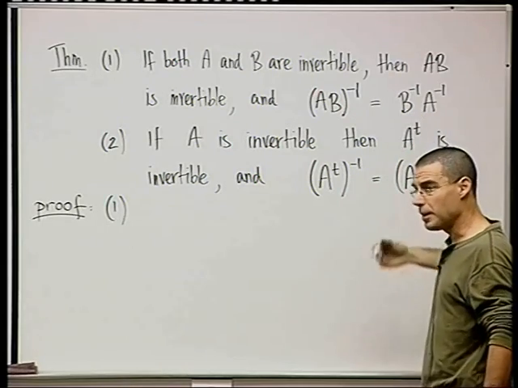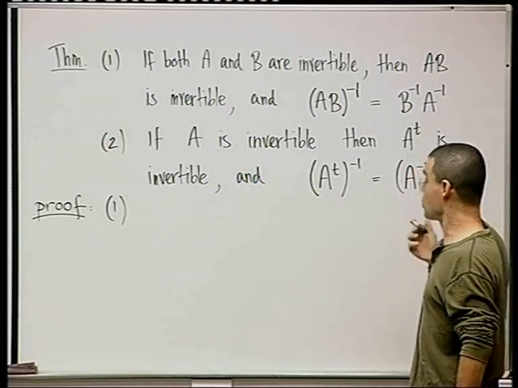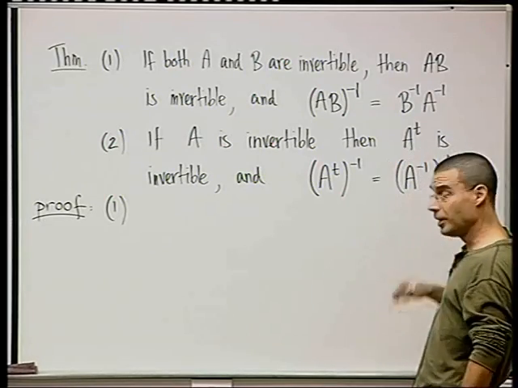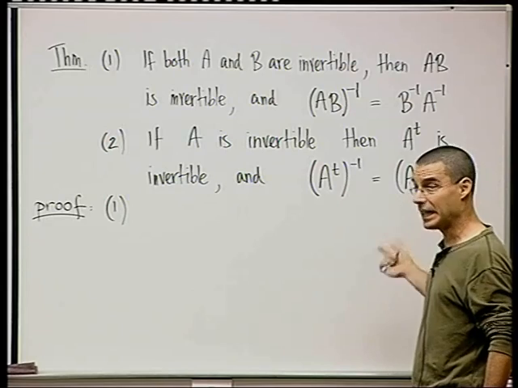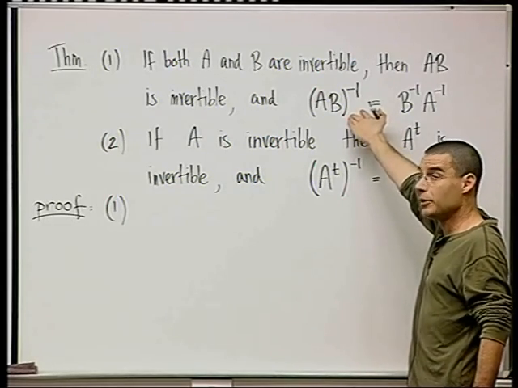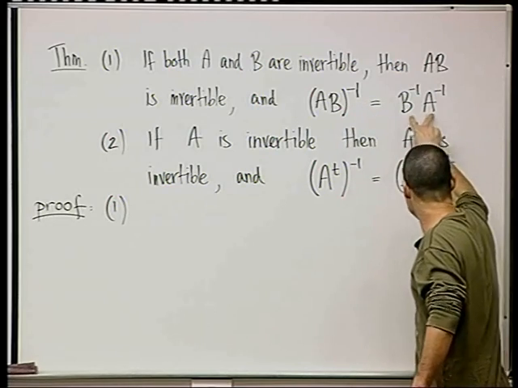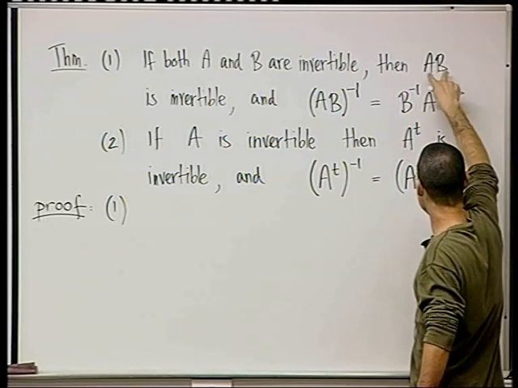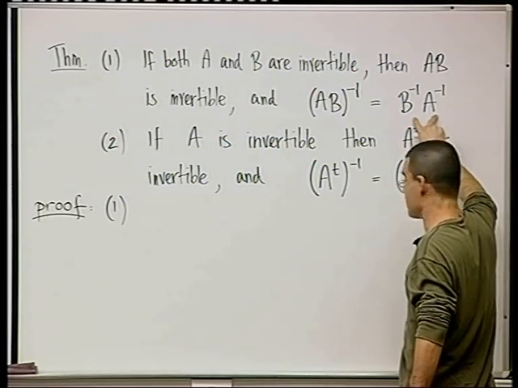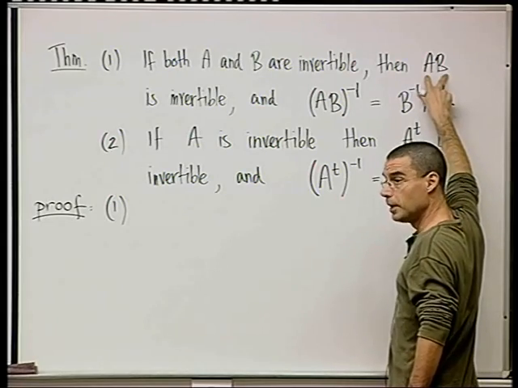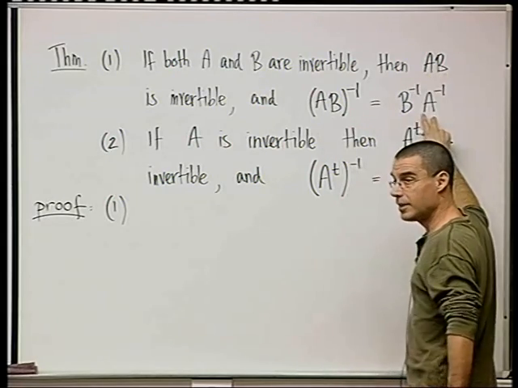In order to prove that a matrix is invertible, I need to show that there is some other matrix such that if I multiply it by it, I get the identity. And here it is. The claim is that this is the inverse. So if we show that AB times this equals I, then we're done. We proved that AB is invertible, and we proved that the inverse is in fact this.